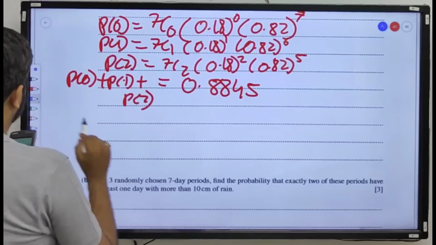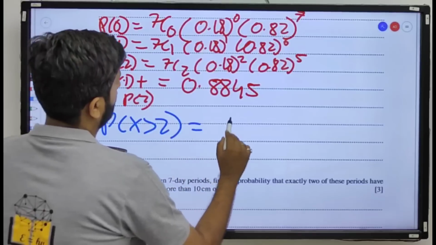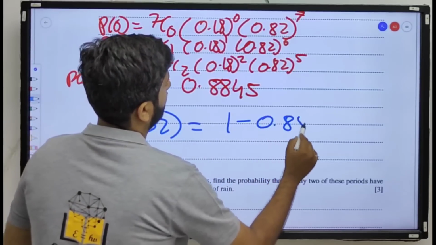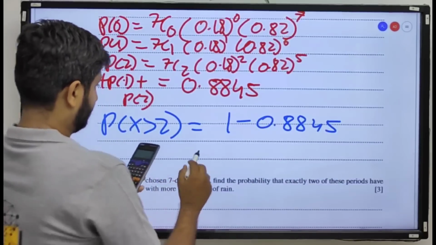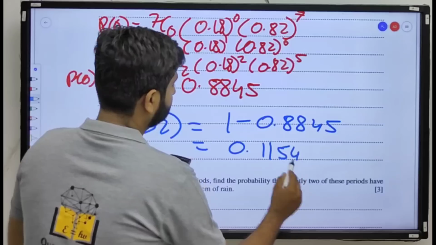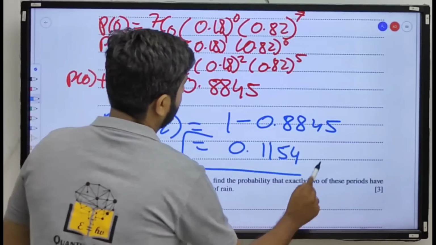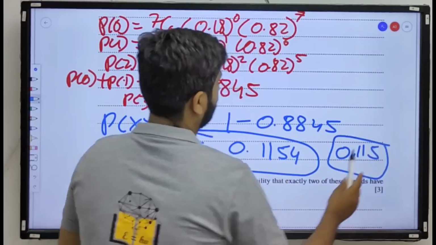So the final answer for x greater than 2 is going to be 1 minus 0.8845. So 1 minus answer is 0.1154. So the probability is 0.1154, or you can simply write 0.115, right?